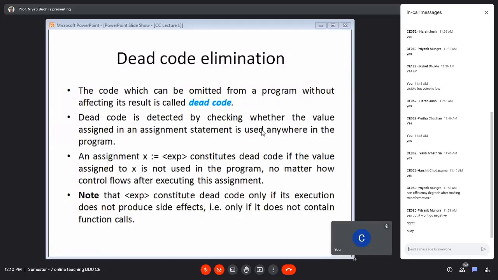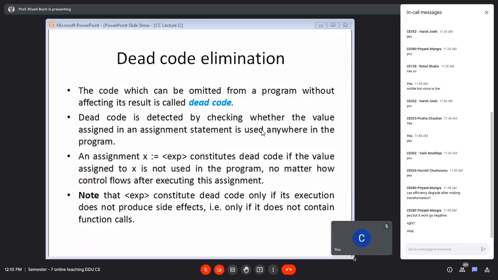Control flow can be altered when we have statements like conditional statements, where if a certain condition is satisfied, the control flow may change. So no matter what the flow is, if we are not using the value of x, then it constitutes dead code.